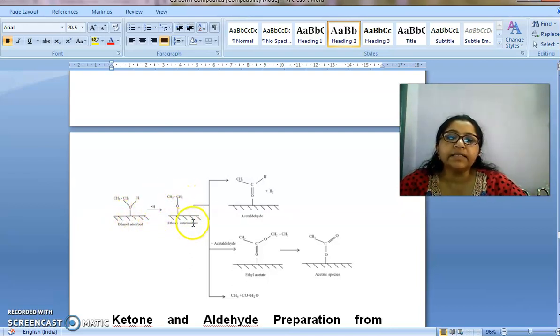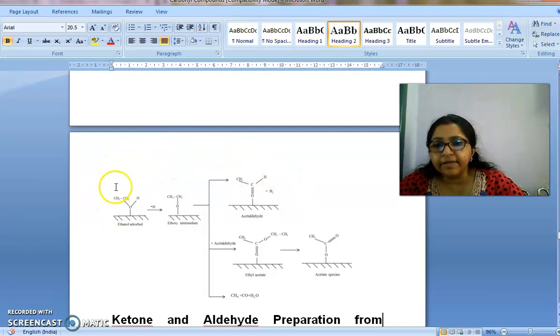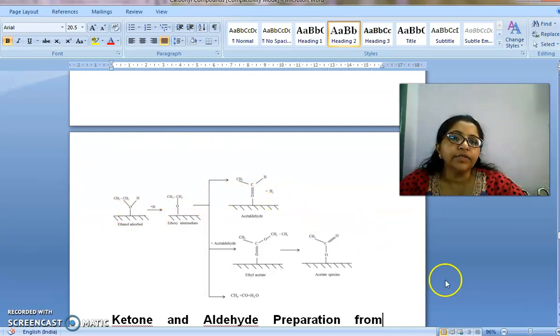Next, the H on this particular carbon will leave as H plus, and therefore H plus and H minus will combine to form H2. At this stage you are getting acetaldehyde, and in the next step this can react and give you a further substituted species. For the present discussion, this part is enough, showing you the formation of aldehyde.